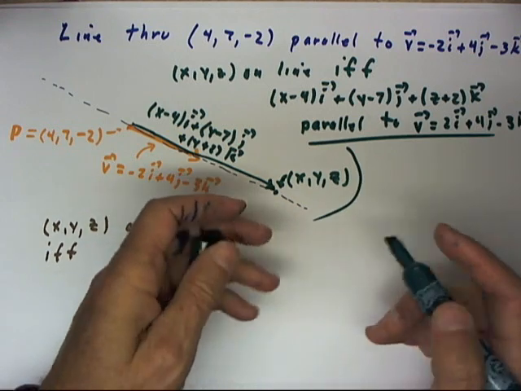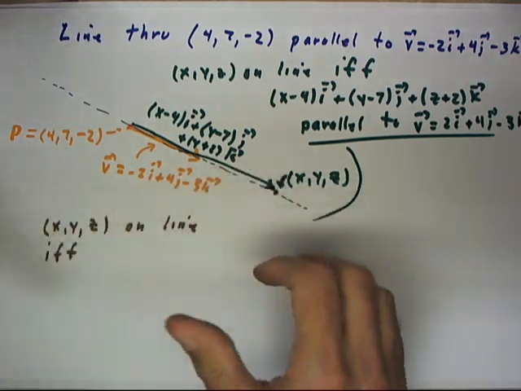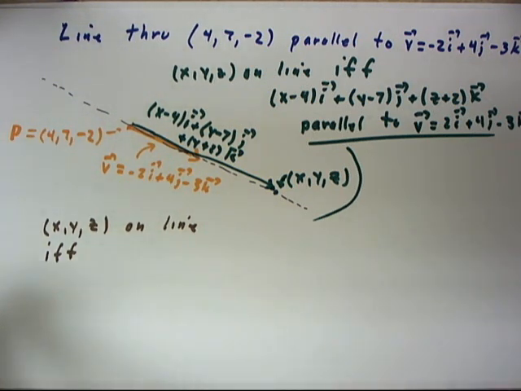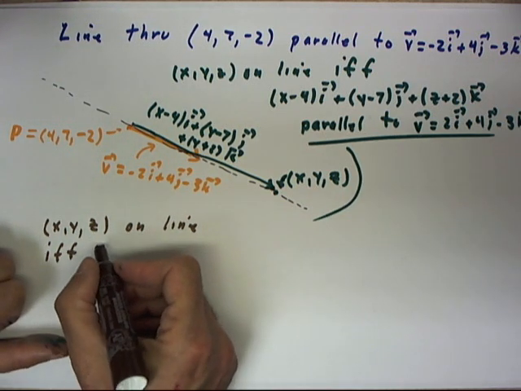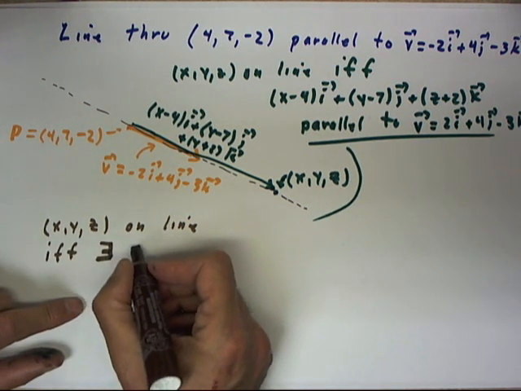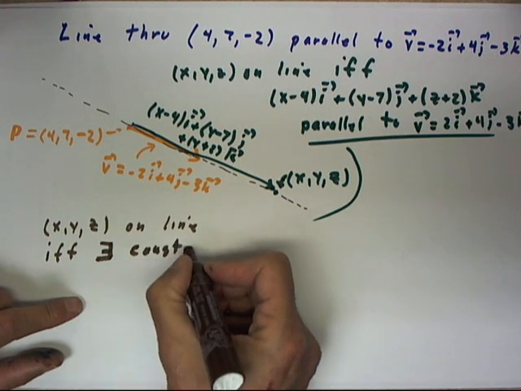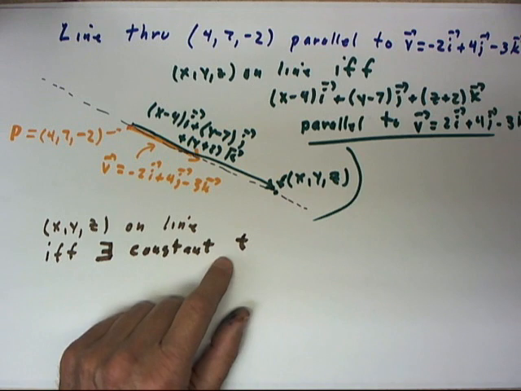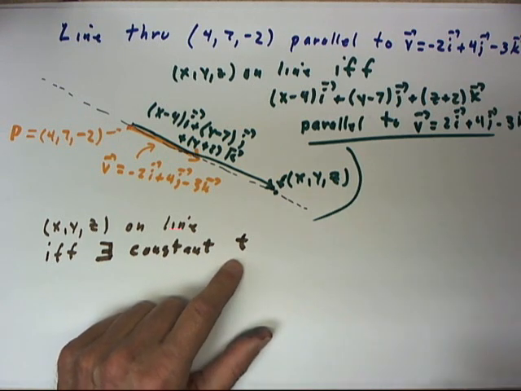Now, what do we mean by two vectors being parallel? We simply mean that one vector is a constant multiple of the other. So, x, y, z turns out to be on the line if and only if there exists, this is the symbol for there exists, a constant which we'll call t, and we could call this constant c, q, aardvark, anything we want.